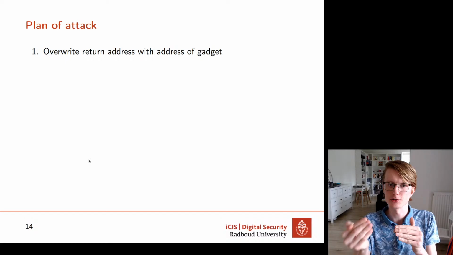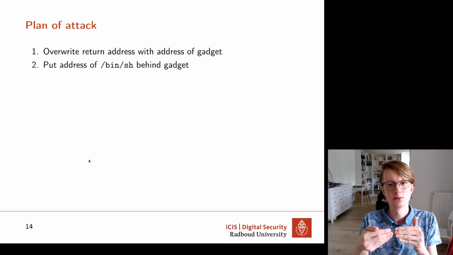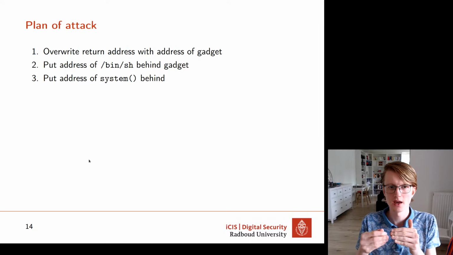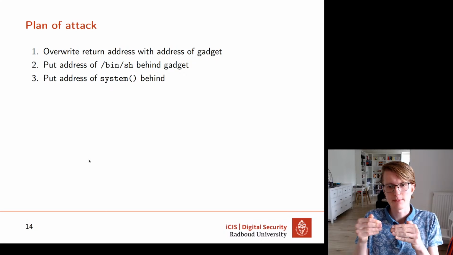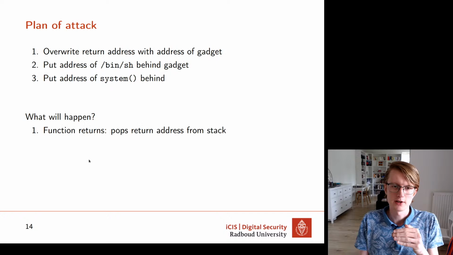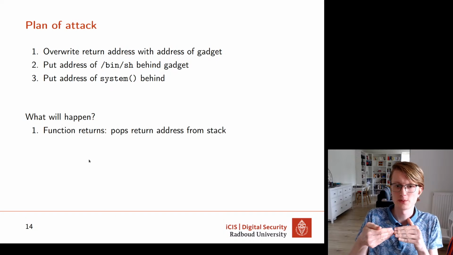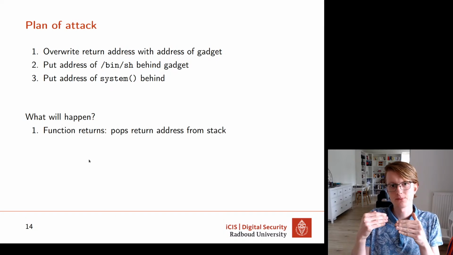It's popped off the return address. So we need to put behind the address of the gadget the address of /bin/sh. Then behind that, we need to put the address of system. Because what will then happen is that the function will return, so it pops the return address from the stack.